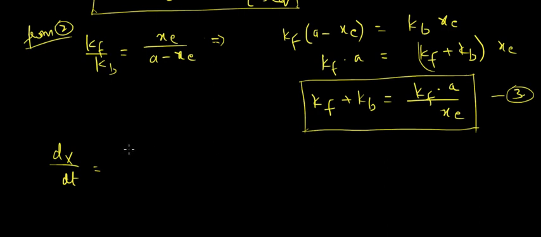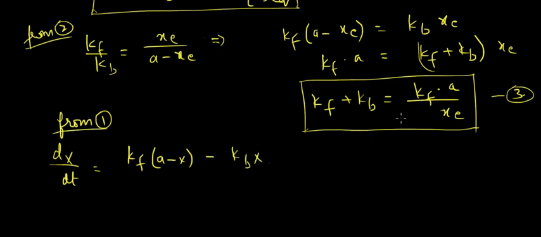This is from the first equation. From here you can calculate the value of kb from the third equation, so just substitute the value of kb here into this second equation.